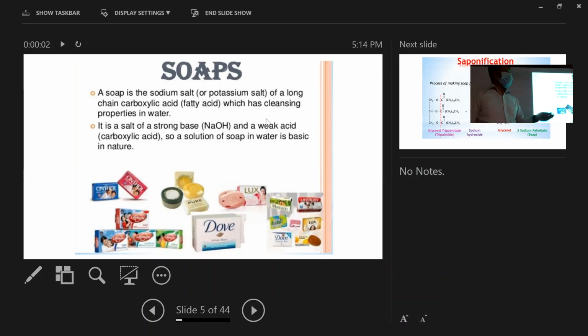When we consider soap, we need to have a certain chain, so that it can act as non-polar. If we consider sodium ethanoate, this CH3 part is not long enough to work as a cleaning agent.